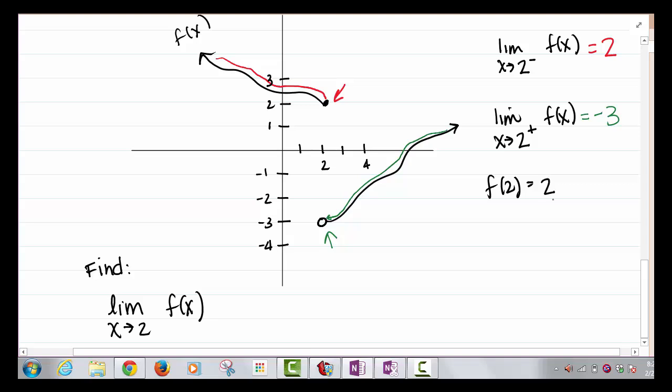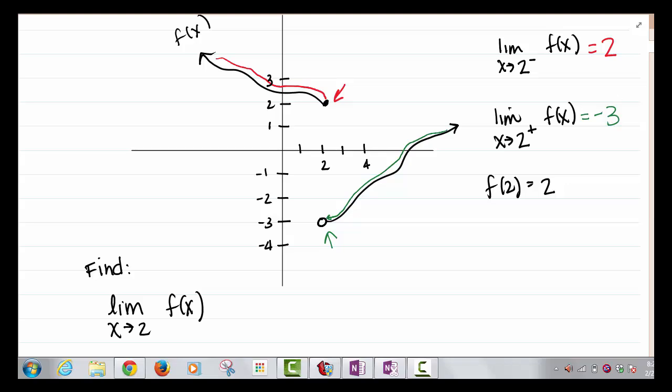Because there is a filled in circle at x equals 2 up here at 2. However, down here it's an open circle, meaning it's not included. But for limit purposes, we don't actually have to get to 2, we just have to get really, really close to 2. So as I get really, really close to 2 from the right side, the y value looks like it's getting closer and closer to negative 3.